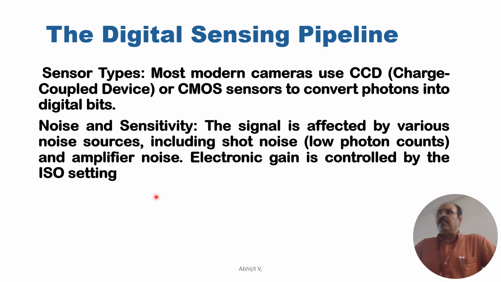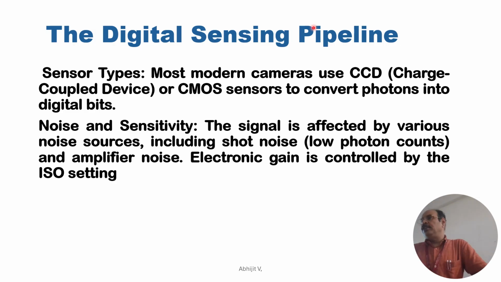Next, the digital sensing pipeline. A world or an environment is a scene which you want to record digitally. What is required for digital sensing of scenes or images?